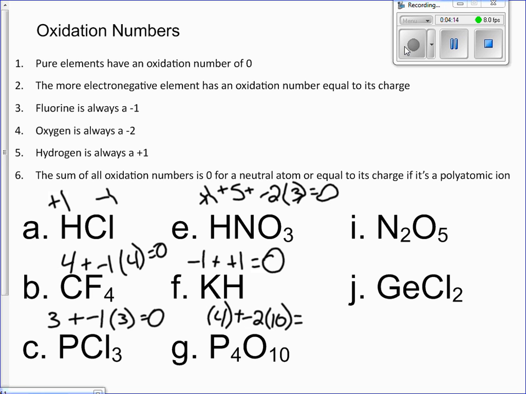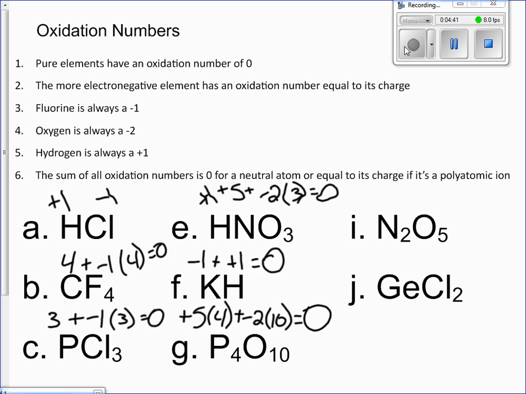So we need to figure out how to make phosphorus total our -20 from oxygen. So we need a +20. So that means phosphorus is going to have a +5 charge. Each oxygen has a -2. Each phosphorus has a +5.